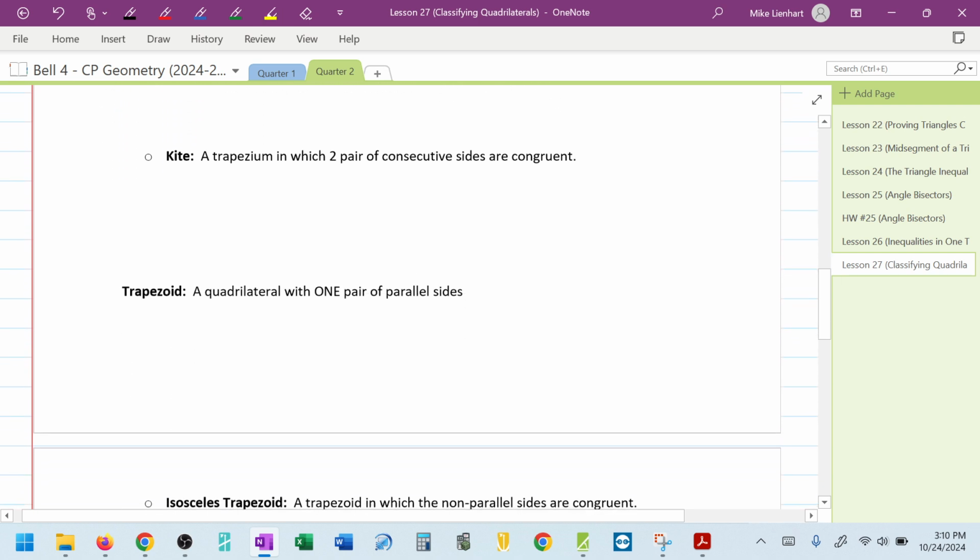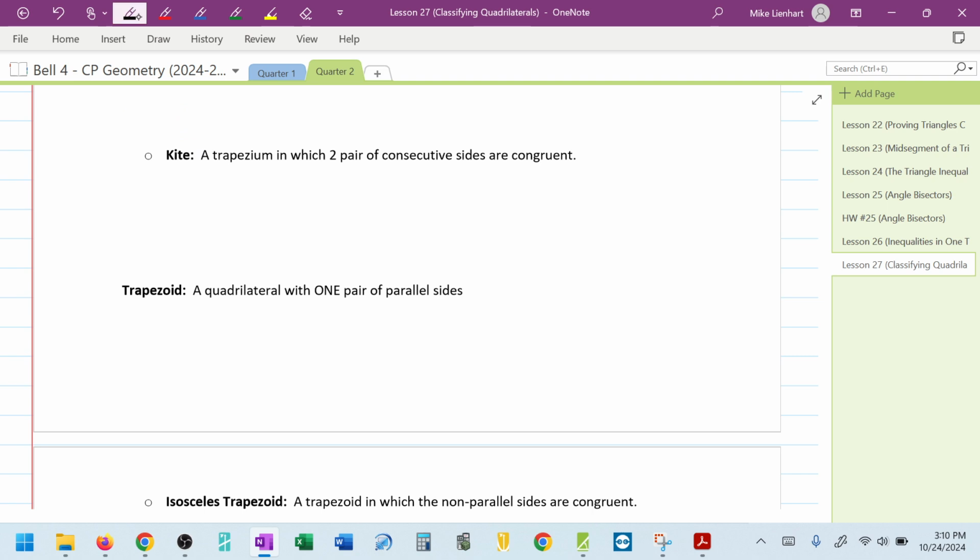All right. A kite, however, is a trapezium or a quadrilateral in which two pair of consecutive sides are congruent. So what's that going to look like as a sketch? And again, please pardon, my markings get a little wavy. But what are we going to know?